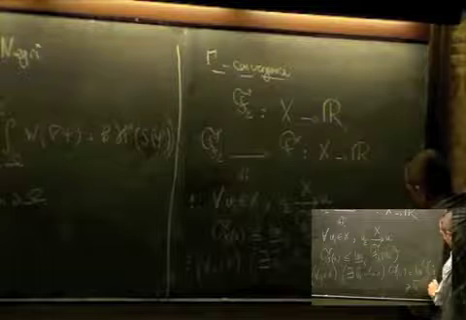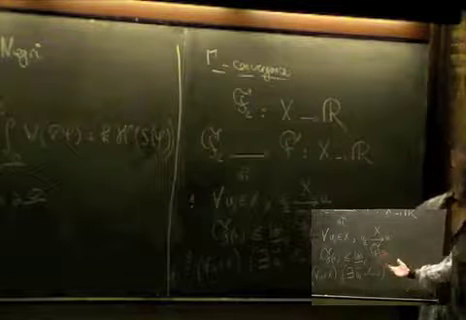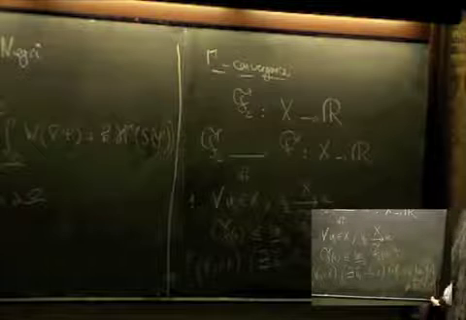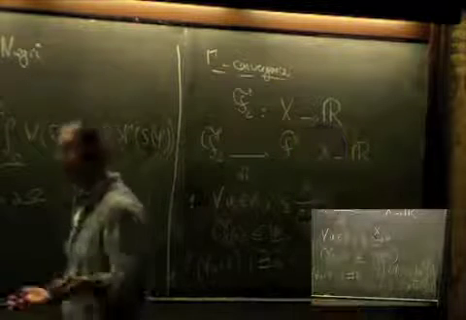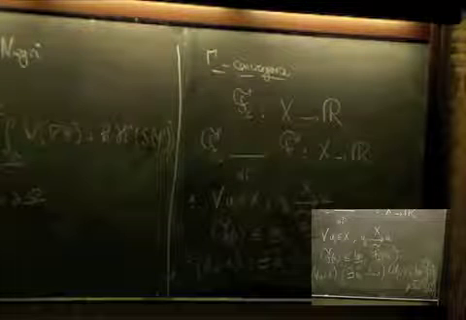That's clear, because on the one hand by number one it's less than the lim inf, and then it's greater than the lim sup, so the lim inf is equal to the lim sup, which is equal to the limit.